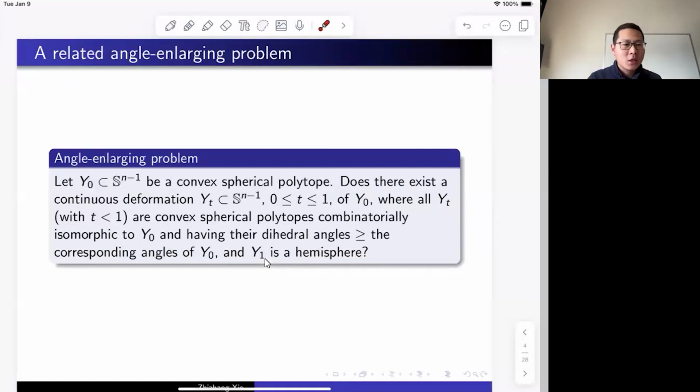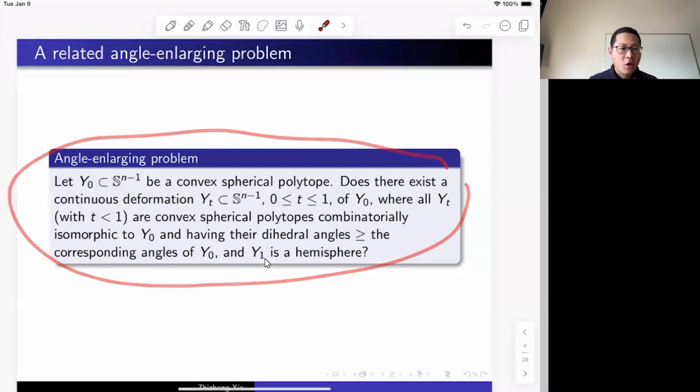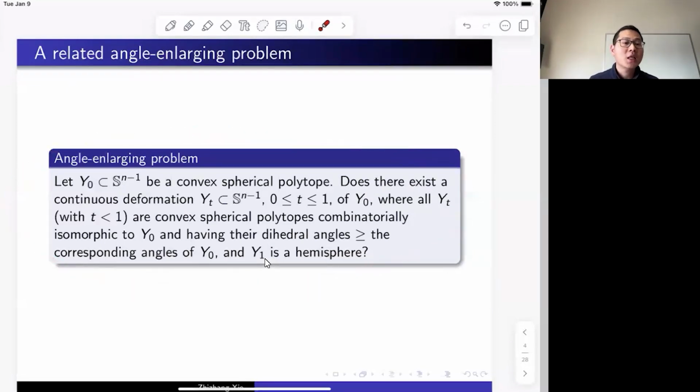But I will explain later that for the index theorem we're trying to prove, we don't need the actual geometric version of this angle enlarging problem. What we really need is a stable algebraic version of this problem, which I'll explain in a few slides. It turns out that the stable algebraic version is true in full generality, and that's how it's used in the index theoretic computation.